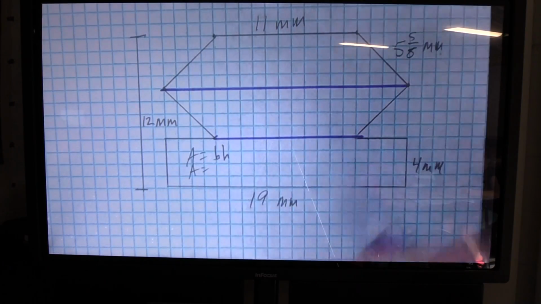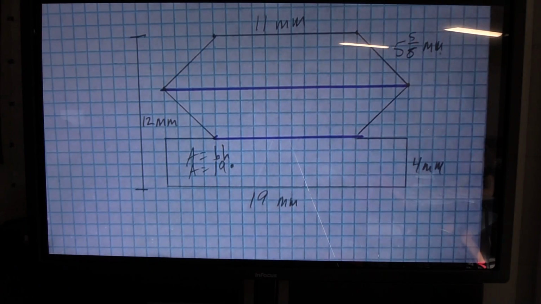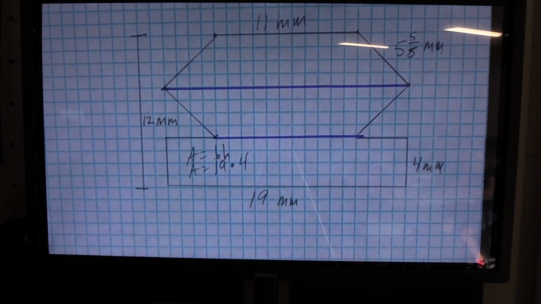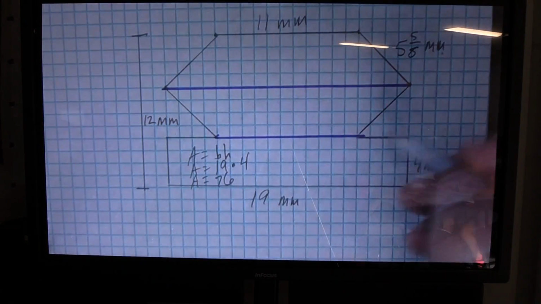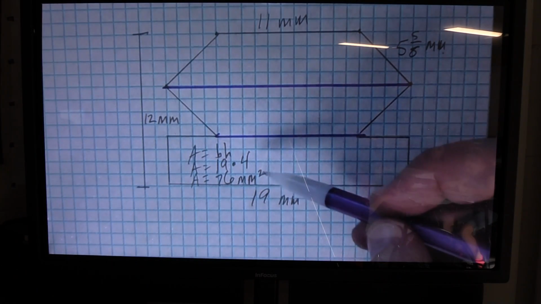And here our base is 19 millimeters and our height is 4 millimeters. So if I want to do this one mentally, I could say 19 times 4 is 76. Now I'm going to go ahead and put 76 millimeters squared. So that is the area of our rectangle.